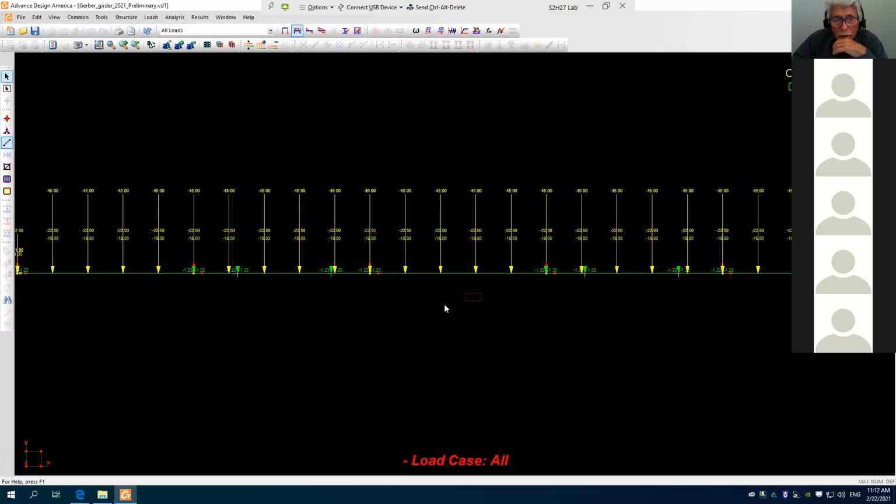Now, the load that I might have misplaced is right on a reaction area. Can everybody see that? That's a reaction area here. So this will not affect the bending moments whatsoever. It's going to affect the shear value, and it's going to affect the axial value for the column.